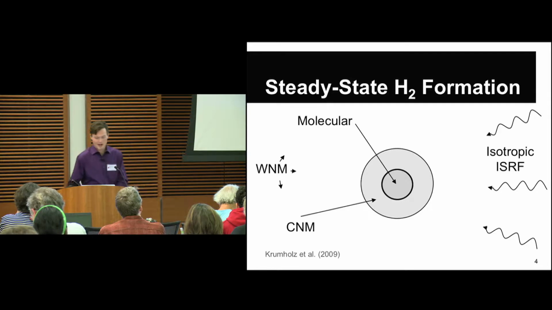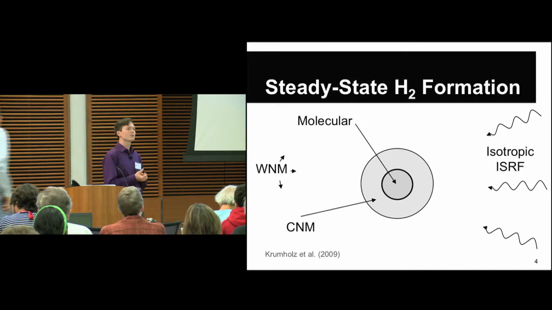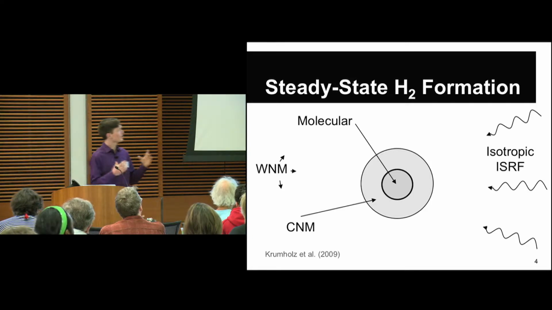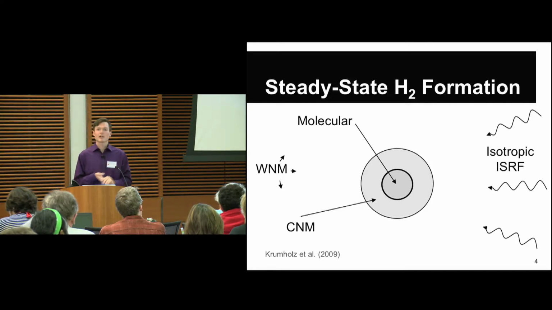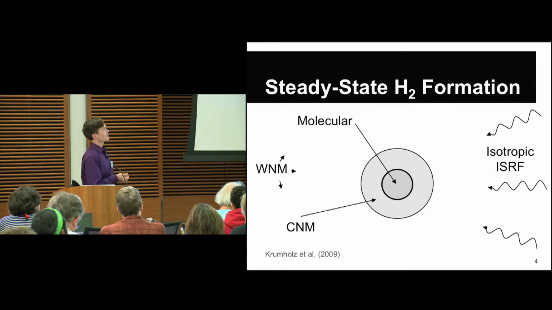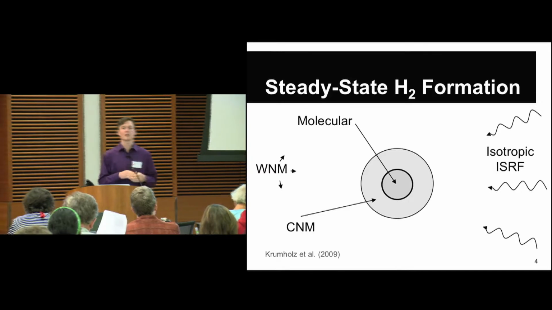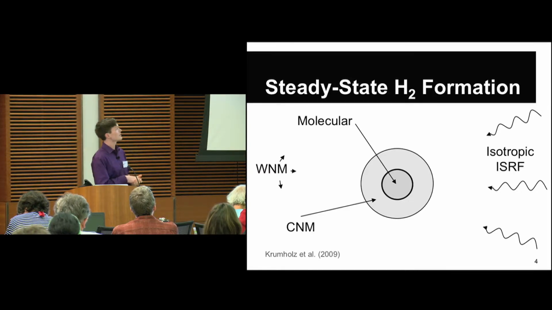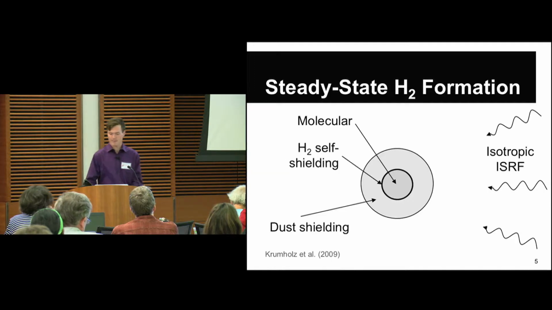So just to give you an overview of the model developed by Krumholz and Christopher McKee in the room, we have a molecular core which is surrounded by a cold neutral medium atomic envelope and a warm neutral medium envelope. The amount of molecular hydrogen is balanced between formation of molecular hydrogen on dust grains and destruction by an incident interstellar radiation field.